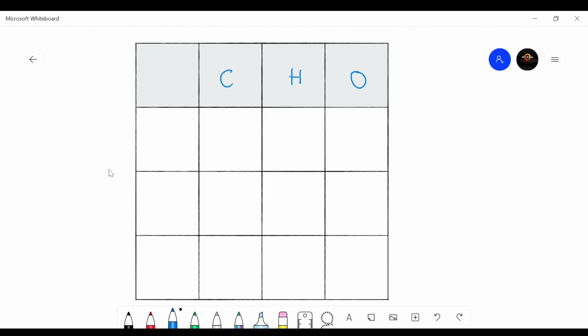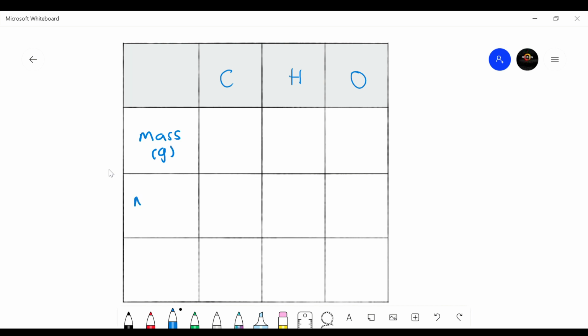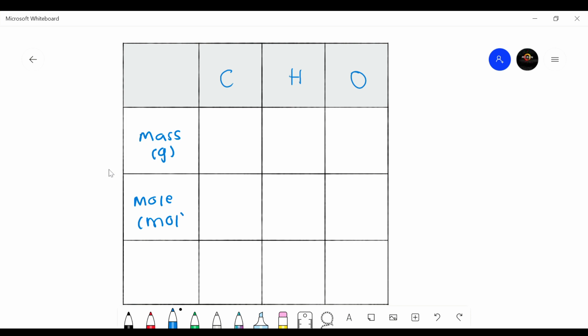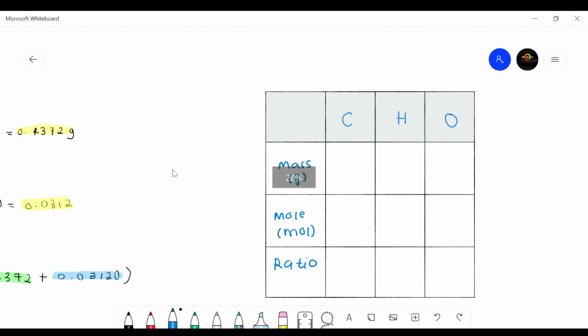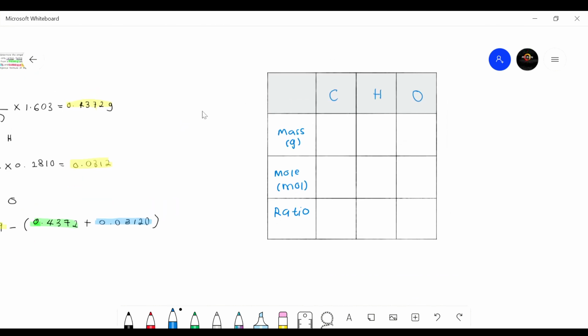Mamora: mass stands for mass, mole stands for mole, and ratio stands for ratio. Then we transfer the masses into our Mamora table.